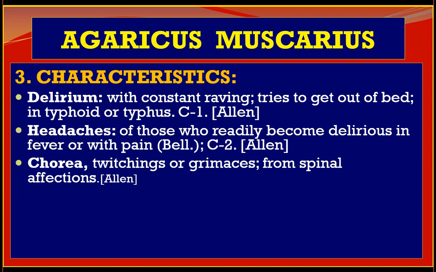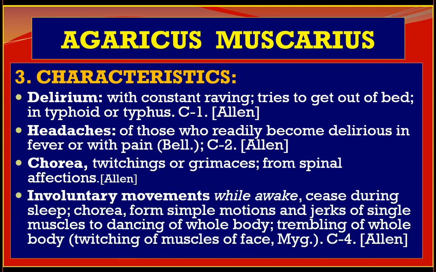Chorea, twitching and grimaces from spinal affections. Involuntary movements while awake, seizures during sleep. Chorea from simple motions and jerks of single muscles to dancing of the whole body, trembling of the whole body.